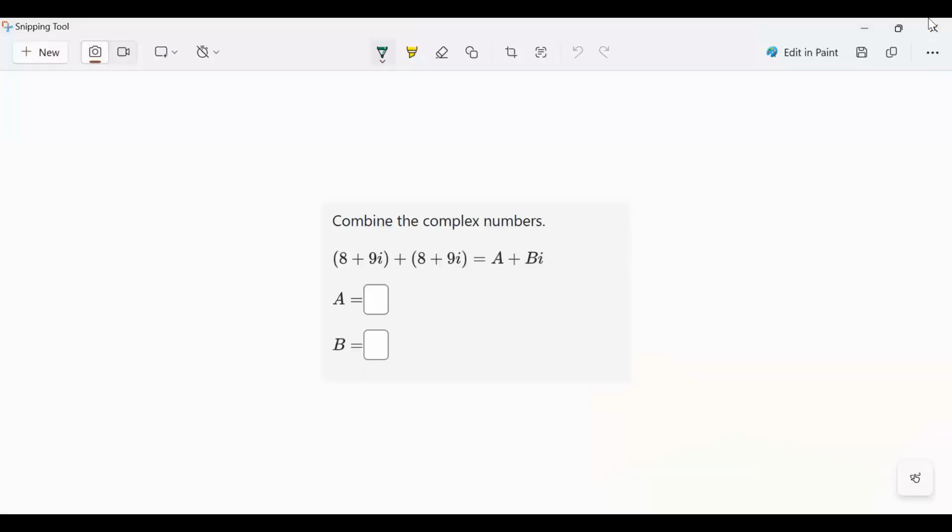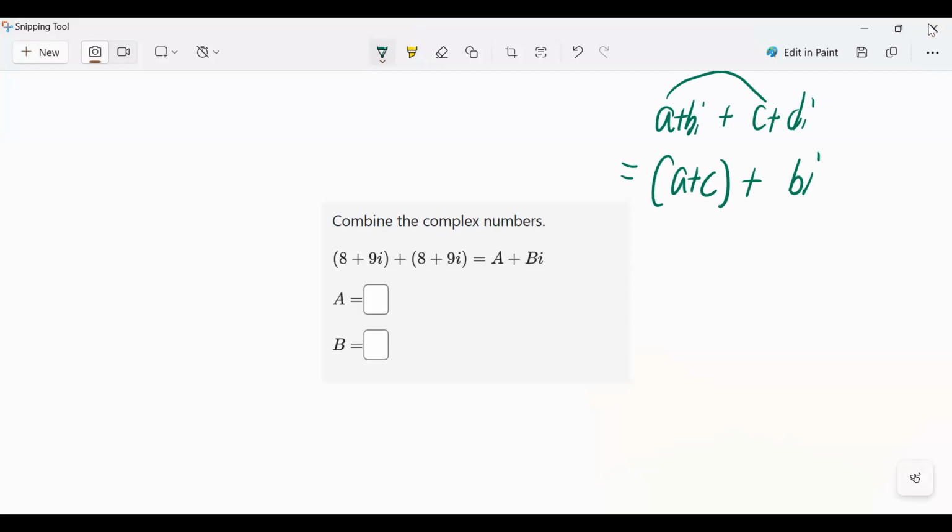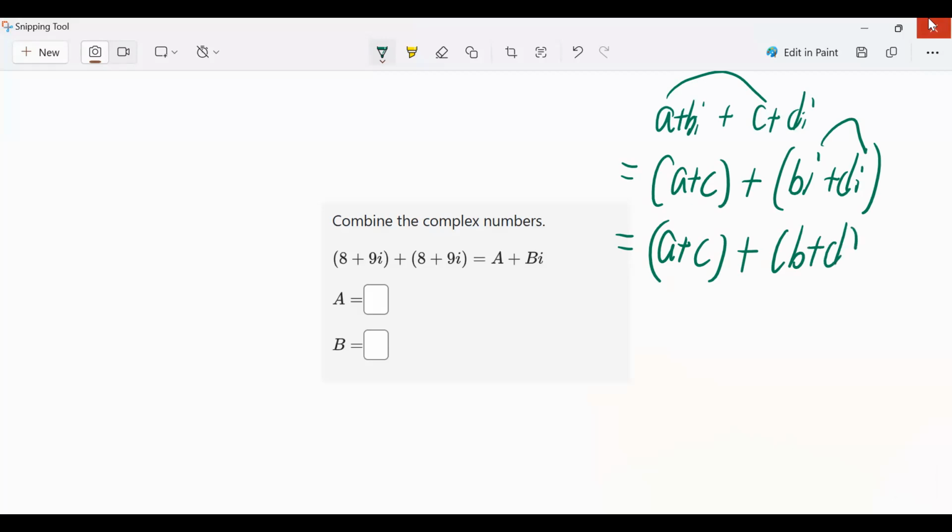Let's say you have a plus bi plus c plus di. You put the real parts together, a plus c goes together, and then bi plus di goes together. For the complex part, keep a plus c as the real part, and then factor out the i, and what remains inside the parentheses is b plus d. That's how you add two complex numbers.